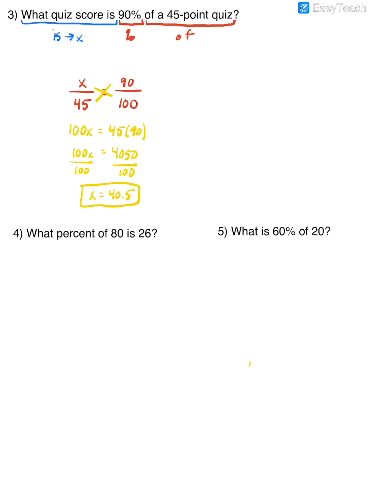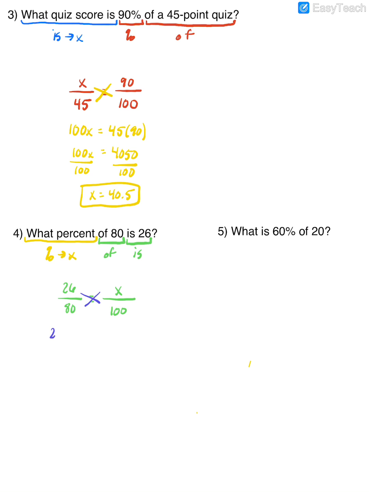Okay. Next one. What percent? So there's your percent. I don't know what it is, so it's x of 80. So there's your of. Is 26. There's your is. So is divided by of equals the percent, which is x, divided by 100. Okay, same process.